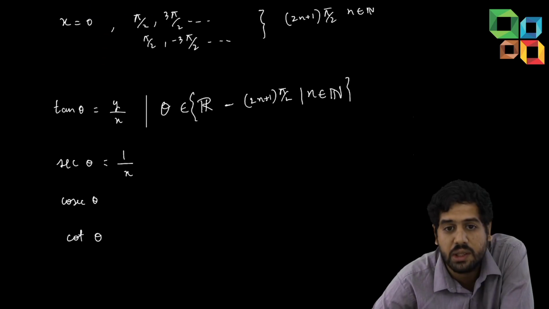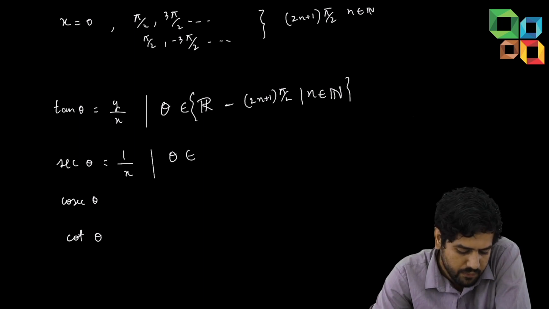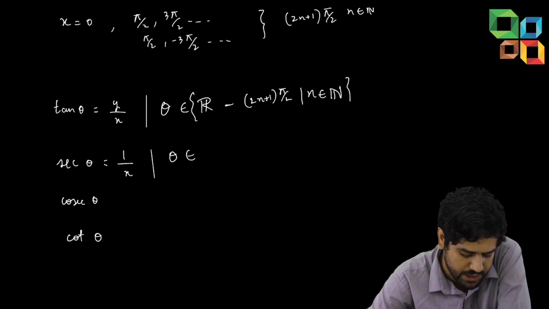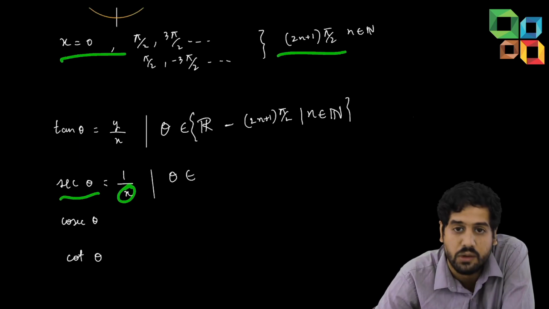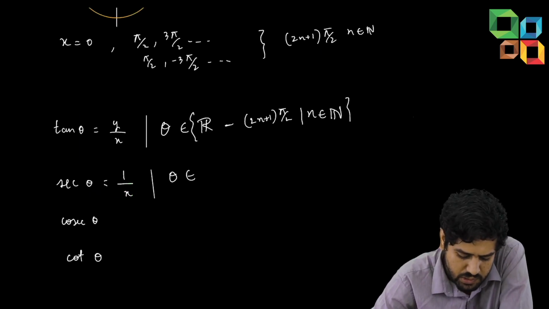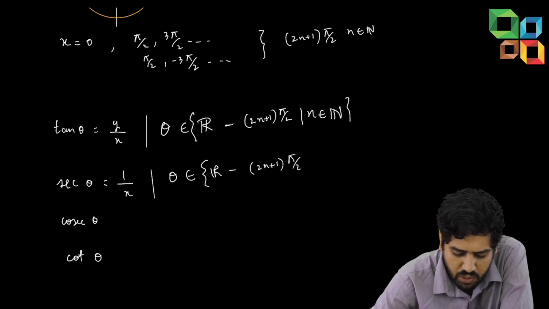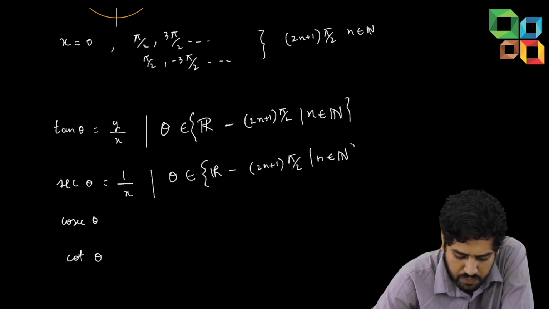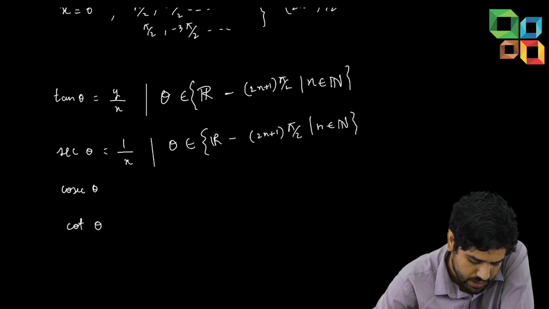So what about the values of theta for which we can use it? Again, where x is 0, secant is not defined, and we saw x is 0 at these values. So theta belongs to the set of real numbers minus 2n plus 1 times pi by 2, where n is a natural number.